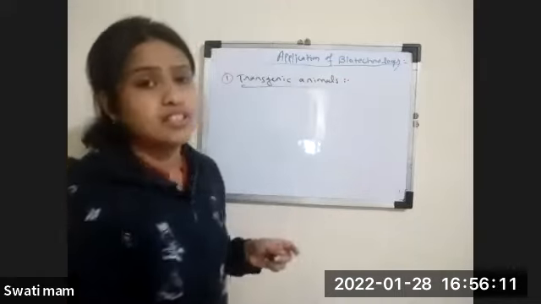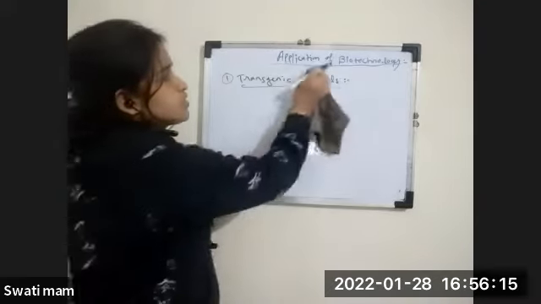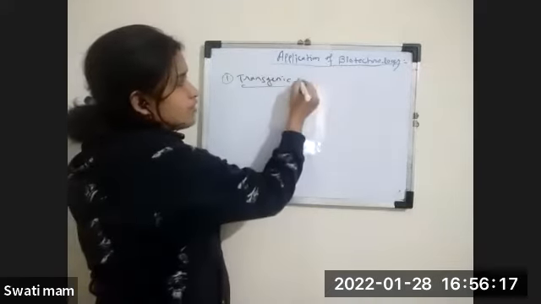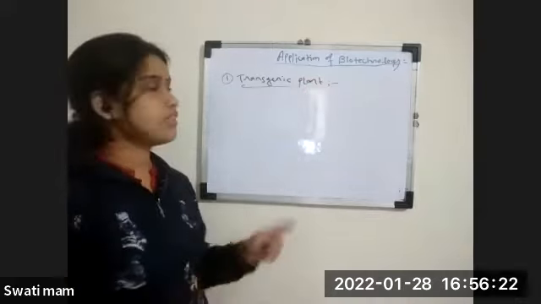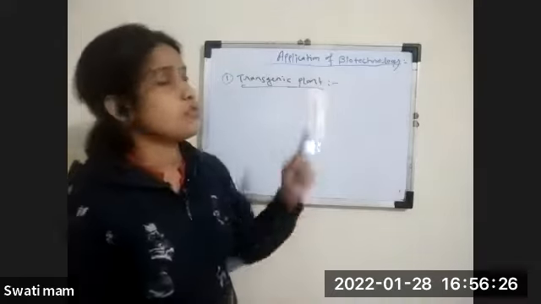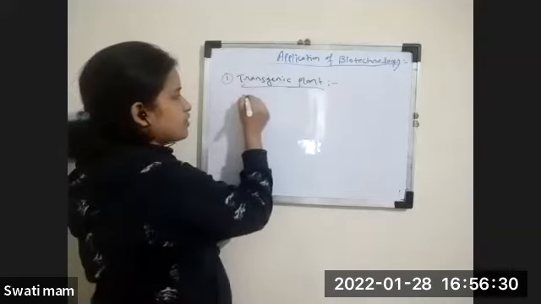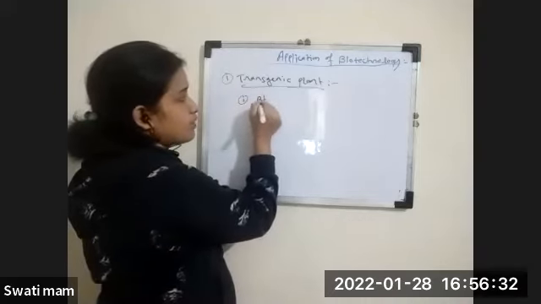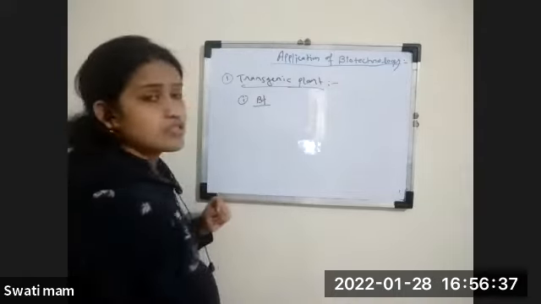As we already studied about transgenic plants, first we start with the transgenic plant and then we are going to study about transgenic animals. Which transgenic plants are produced by the process of biotechnology? For example, yesterday I told you regarding BT. What is BT? It is Bacillus thuringiensis.